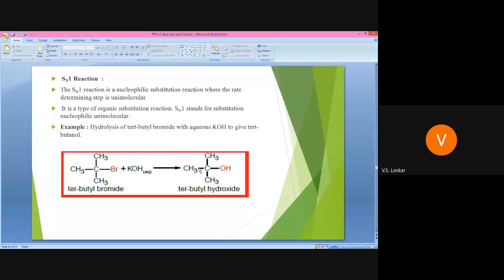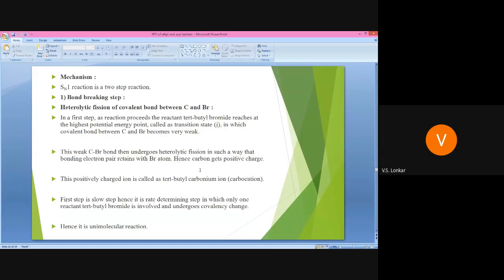Just see the stability, because the mechanism depends on the stability of the reactant or the intermediate. Therefore, see why it is a two-step reaction.